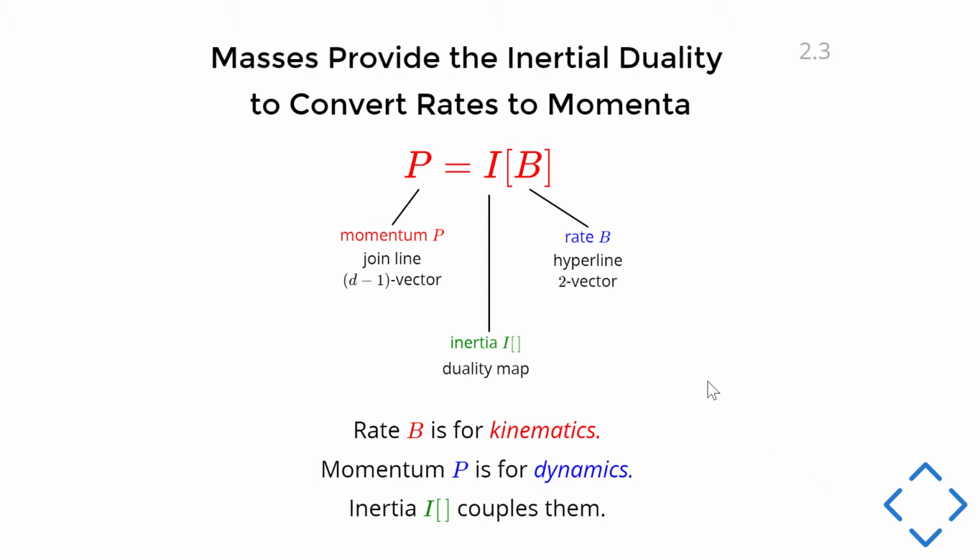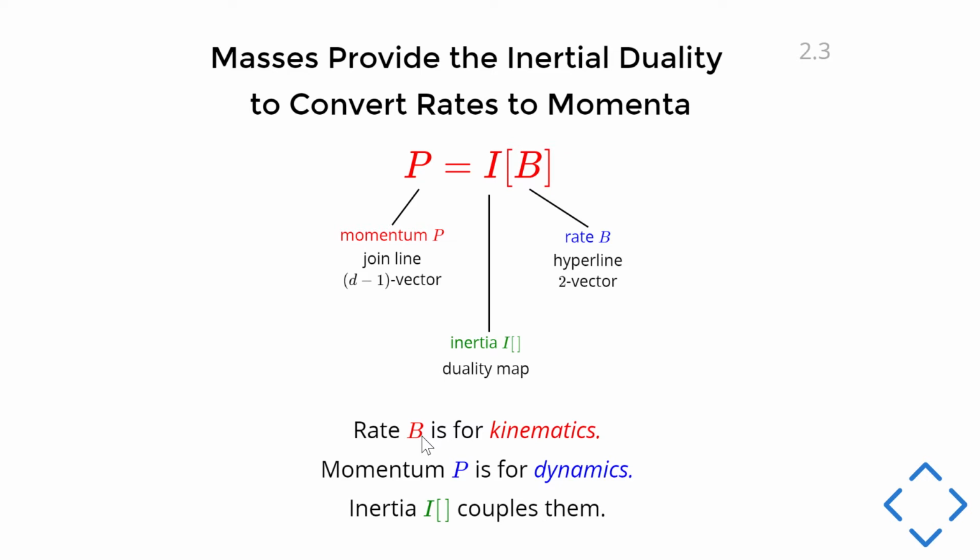So here's that summary again. We have two sides. We have a rate, a velocity, which is a bivector, which is a meet line, and the duality map converts it into a momentum, which is a join line.